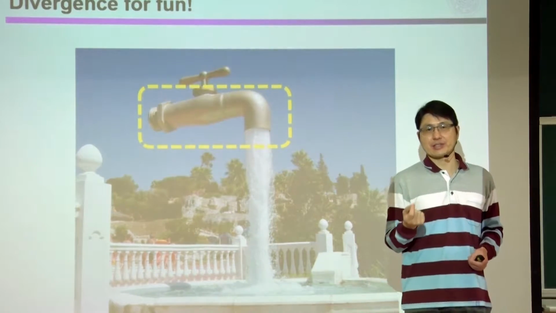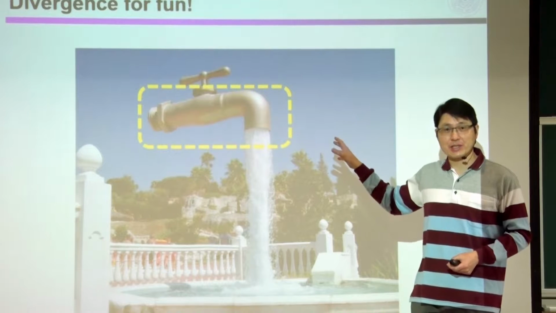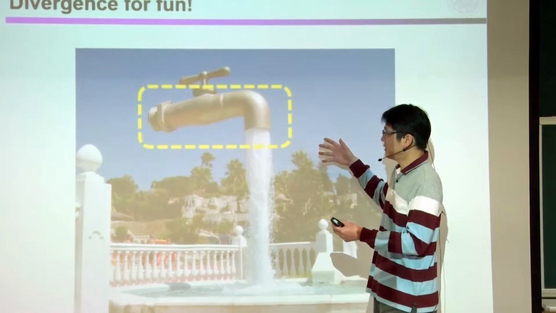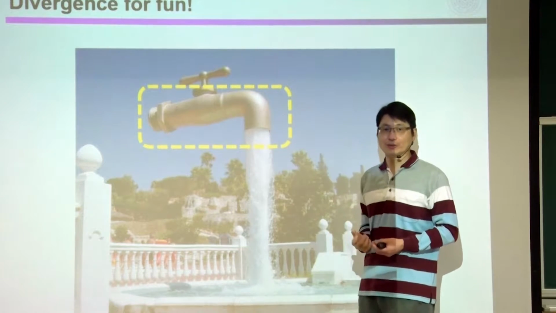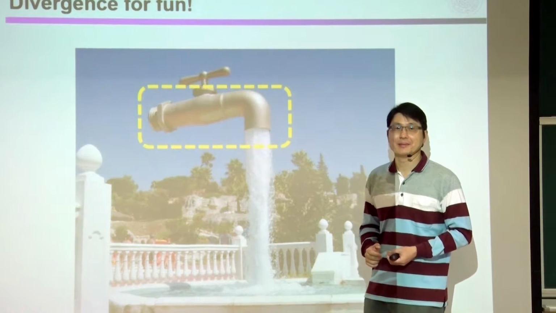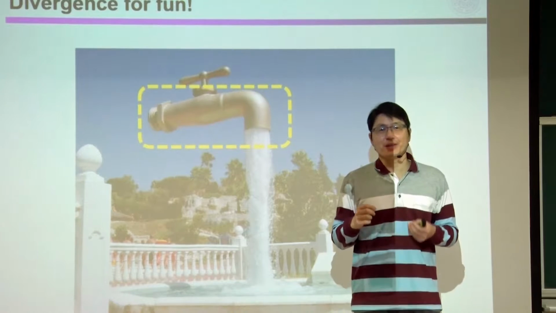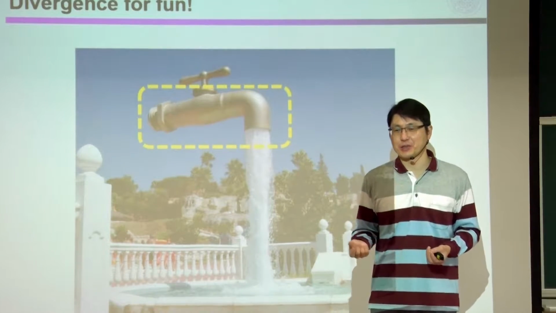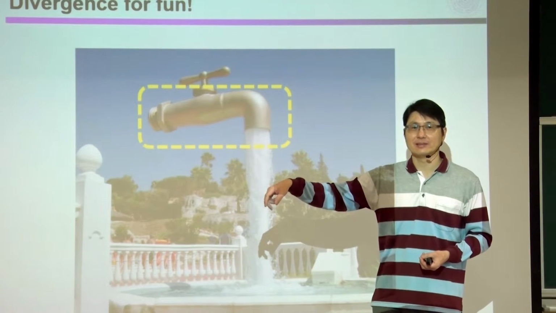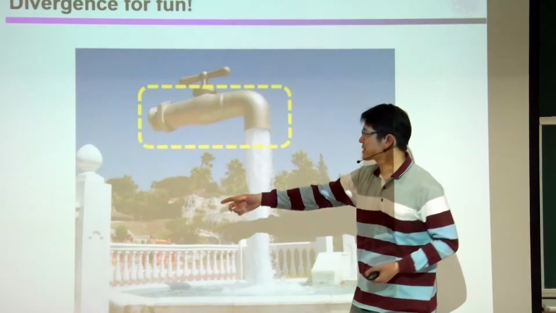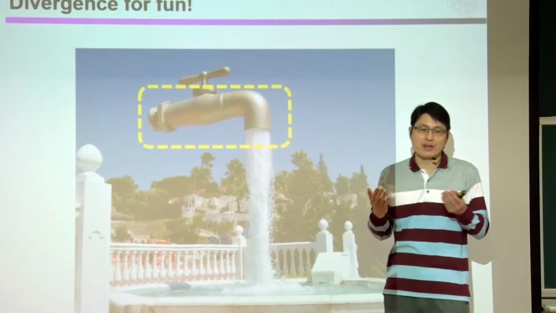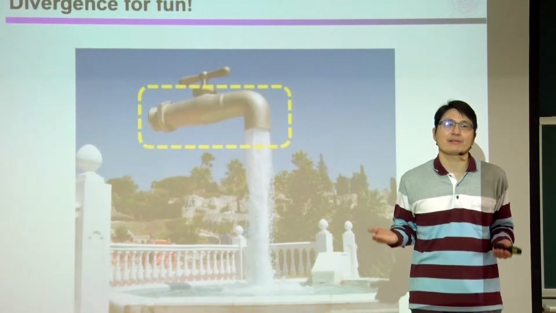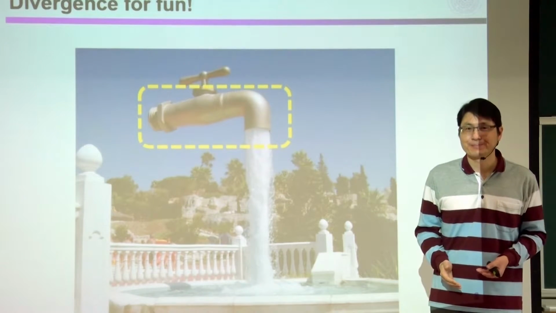So you will answer me, this is really magical because somehow we just have water coming out. But this really contradicts our understanding. Usually you have the wall, the outlet: water comes in from this side and goes out, so there's no net flow of water.